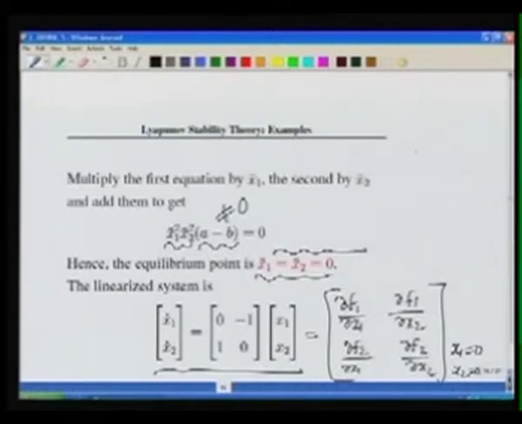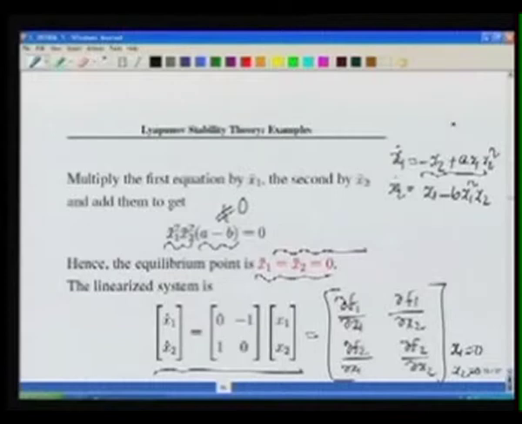So, what is f 1 in this case? x 1 dot is minus x 2 plus a x 1 x 2 square, x 2 dot is x 1 minus b x 1 square x 2. So, this is our system, this is my f 1 and this is my f 2.